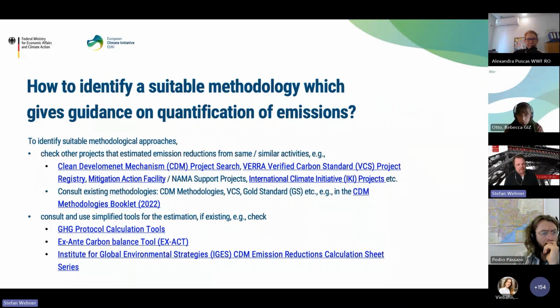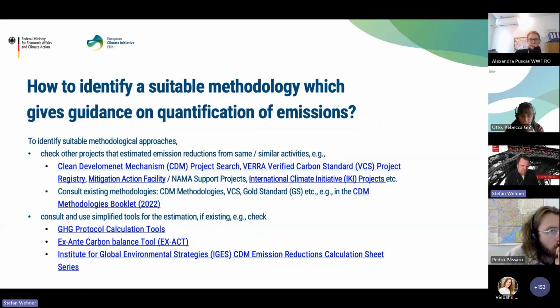methodologies. Then there are other donor organizations out there that also provide guidance. For example, the Mitigation Action Facility, which is an international funder for large-scale projects, or the International Climate Initiative, EUKI, which also has some additional guidance documents.